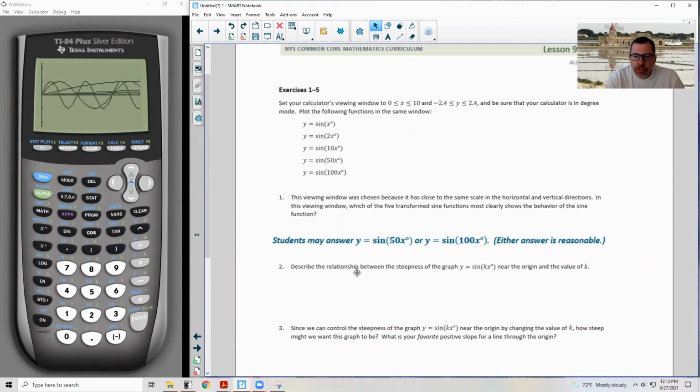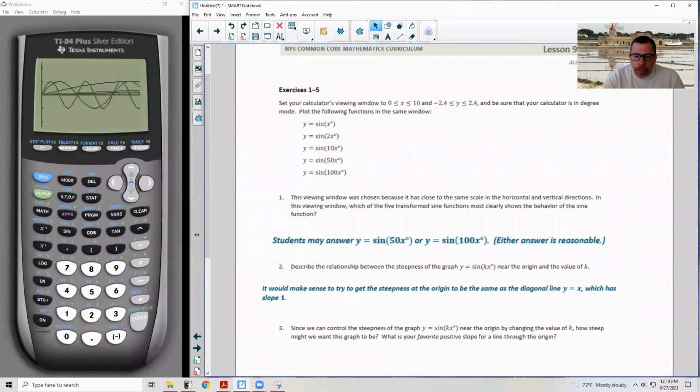Number 2 says to describe the relationship between the steepness of the graph y equals sine kx near the origin and the value of k. Okay, so it would make sense to try to get the steepness at the origin to be the same as the diagonal line y equals x, which has a slope of 1.